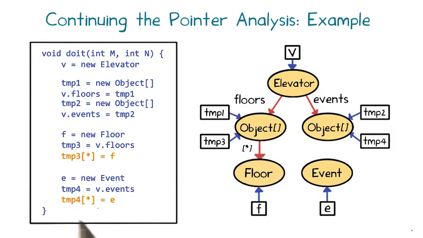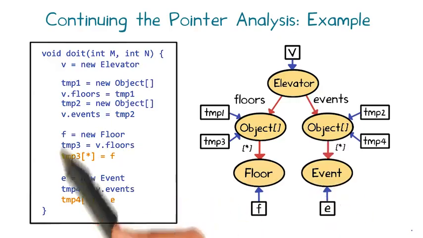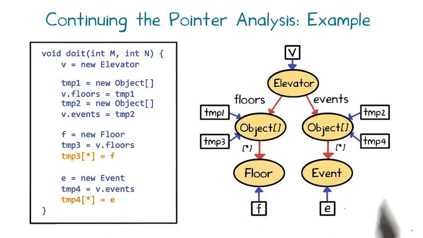Similarly, for this other field write statement, we add a red arrow labeled asterisk from the object array pointed to by temp4 to the event node pointed to by E. At this point, iterating through the set of statements again will produce no change to this graph, and so the chaotic iteration algorithm will terminate, leaving us with the points-to graph we see here.